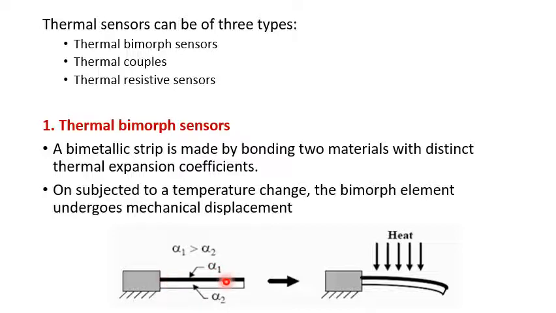So here I'm considering this beam consists of two materials having a thermal expansion coefficient of alpha 1 and alpha 2, where alpha 1 is greater than alpha 2. On subjecting this bimetallic strip to a temperature rise, you can see that this bimorph element will undergo a mechanical displacement. So by measuring the amount of displacement, you can measure the variation in temperature.